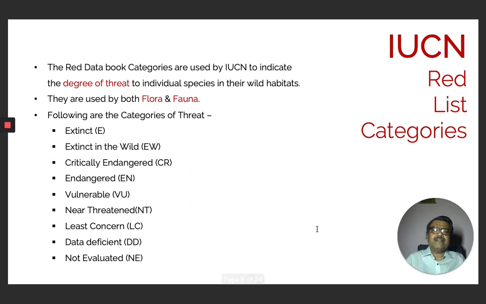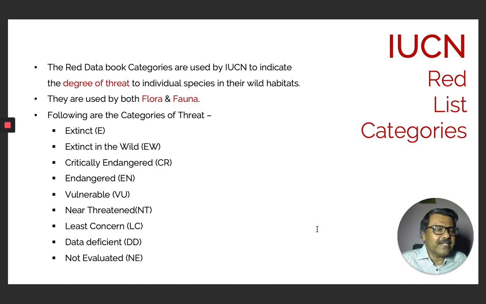Next slide. Here you can see that in the Red Data Book, IUCN has categorized various categories of threat. These threats are common to flora and fauna, used for both plants as well as animals.